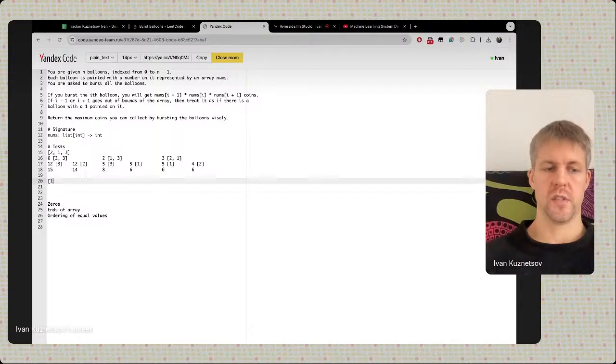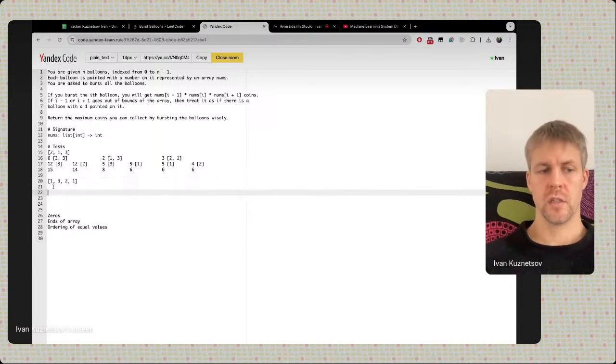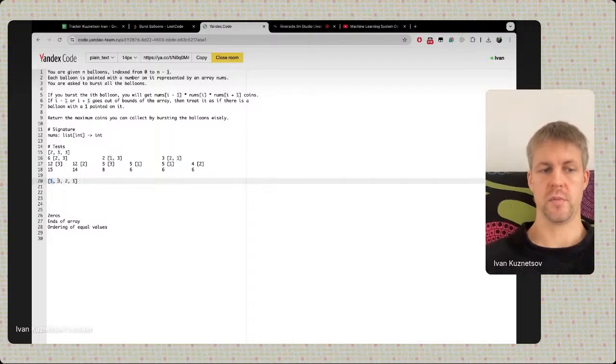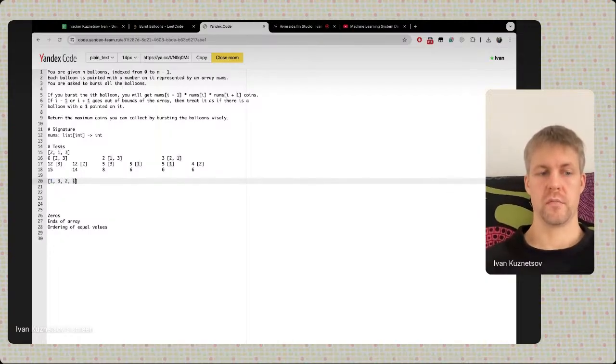So let's say we have something like 1, 3, 2, 1. Okay, so if we remove this one first, yes, it's better because we will be multiplying by this 3 and this 2 more times if we first remove these ones. Cool. Does it matter which one we remove first? Doesn't look like it. It's not impacting anything, but it's just one scenario.